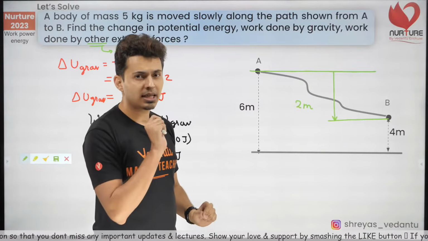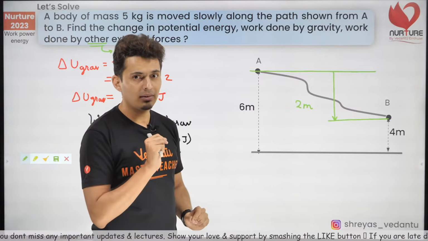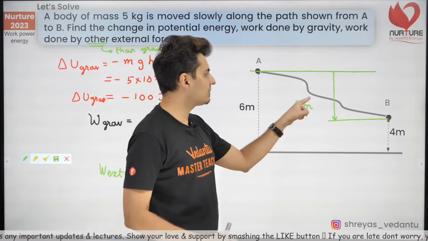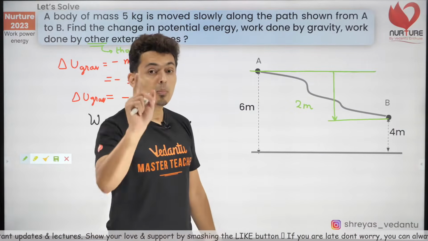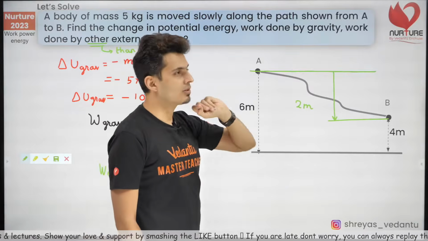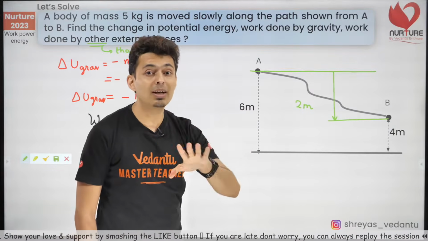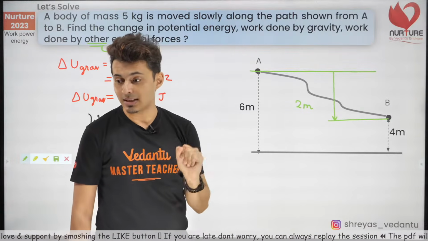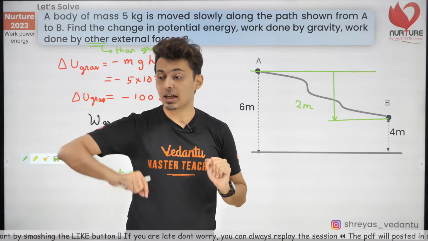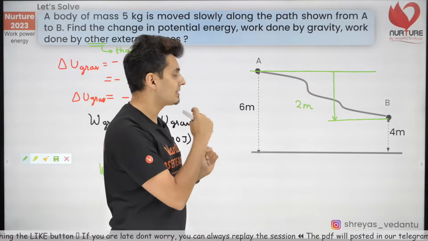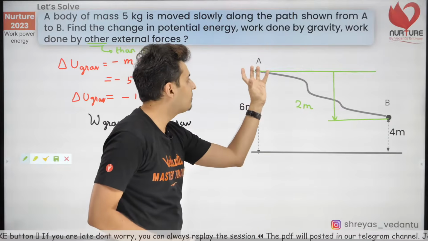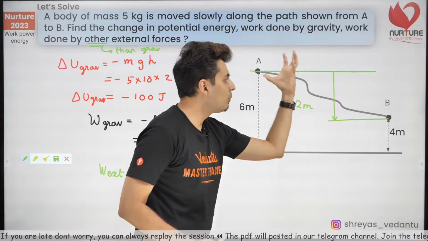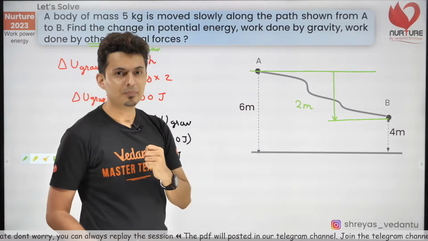It will gain some kinetic energy. Don't you agree with that fact? It will definitely gain some kinetic energy by the time it comes here. But the fact that it is moved slowly means that you are preventing it from accelerating. Now, the moment you are preventing it from accelerating means what? You are absorbing all that potential energy's work done.